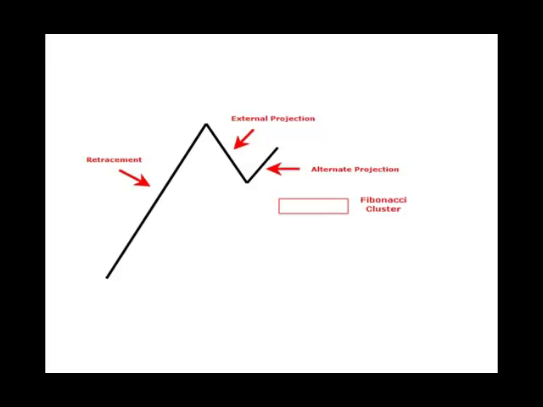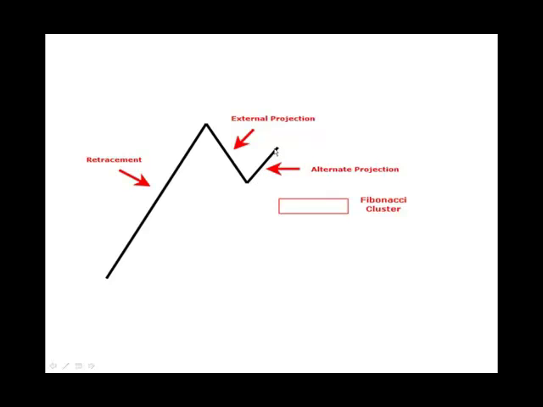So let's have a look in a more diagrammatic version here. We've got this impulse and we're looking for a retracement of this impulse. This is the wave A and we're looking for what's called an external projection of that particular movement downwards again. And here you can see this is an alternate projection.